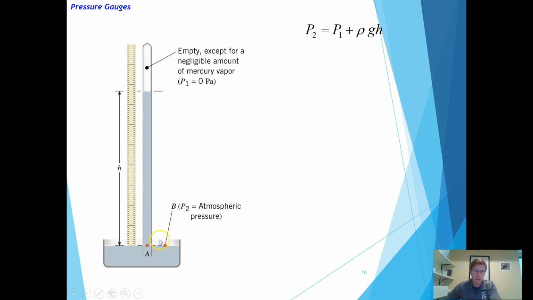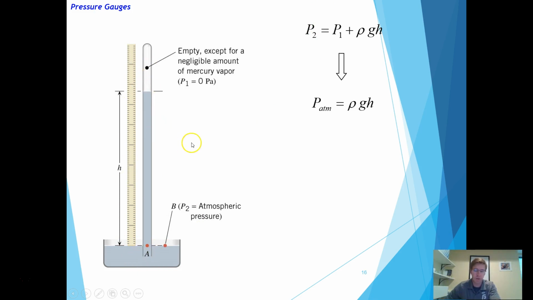Then the atmosphere, the air in the room, pushes down on the mercury here, and it's going to force the mercury to move up this tube. How far is it going to move it up the tube? Well, this equation tells us. P on top, P1, is 0, and P2 is the pressure down here pushing the mercury up.